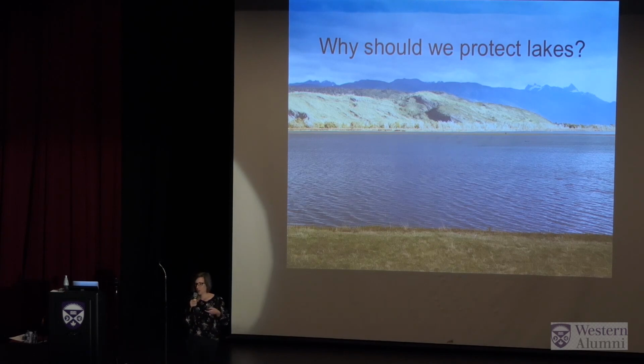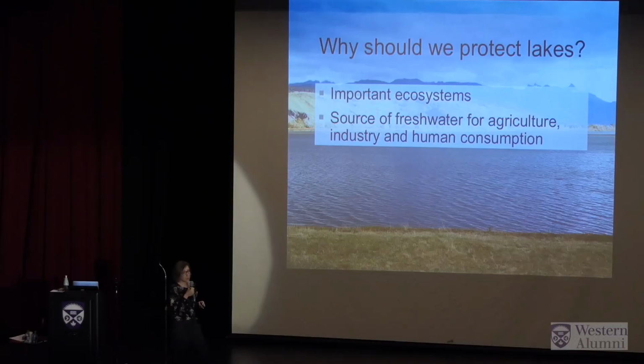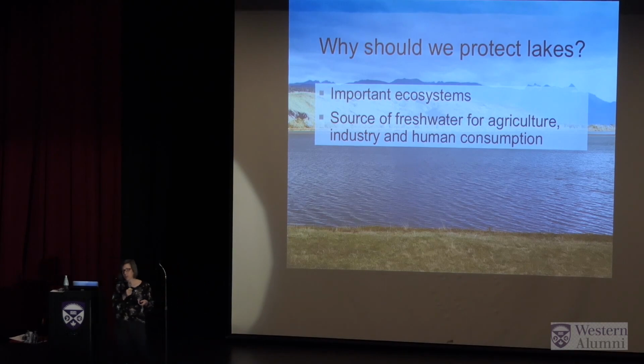Okay, so why should we protect lakes? Well, I already told you there's not that much surface fresh water on the planet in the first place, but there are some other reasons too. The lakes themselves are important ecosystems, but they also support ecosystems on land. They're a source of fresh water for humans. Agriculture, industry, drinking water, and the water that we use mostly comes from surface water.